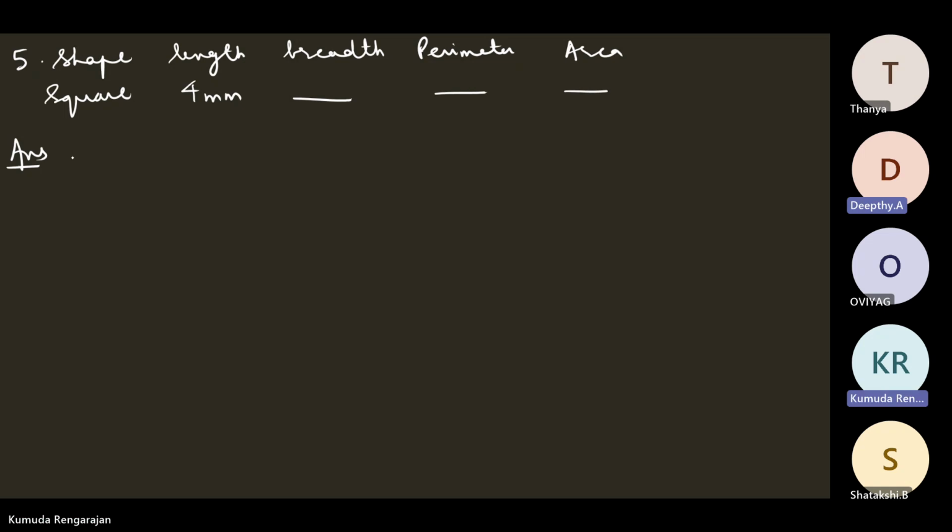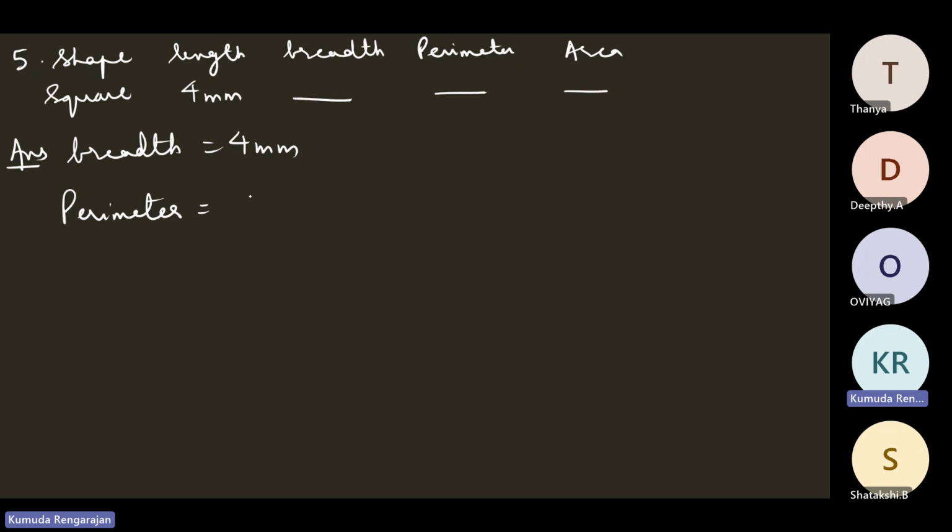Yes, ma'am. As the shape is a square, the length and the breadth will be equal. So the breadth is also 4 millimeters. Correct. Next, find the perimeter. To find the perimeter, we have to do 2 into L plus B. Yeah, that's correct. You'll get the same answer.